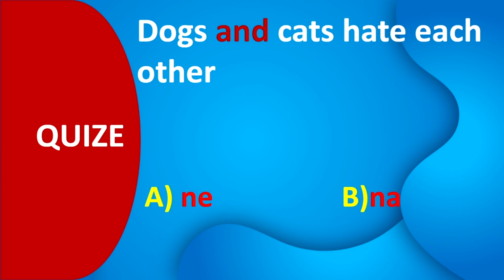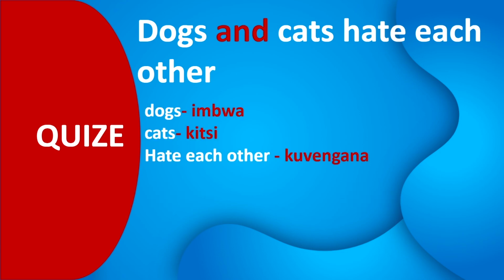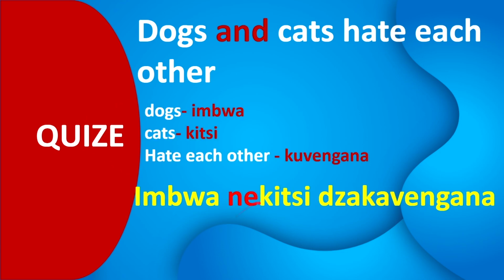Pause the video, try to answer the question on your own, and then check the answer afterwards. And the answer is ne. So this and in this sentence, when we translate it to Shona, is translated to the prefix ne. I hope you got the question right. So dogs and cats hate each other.